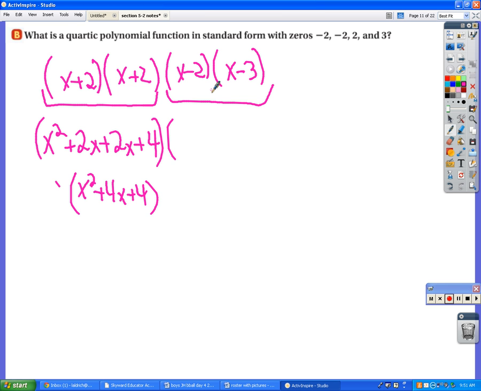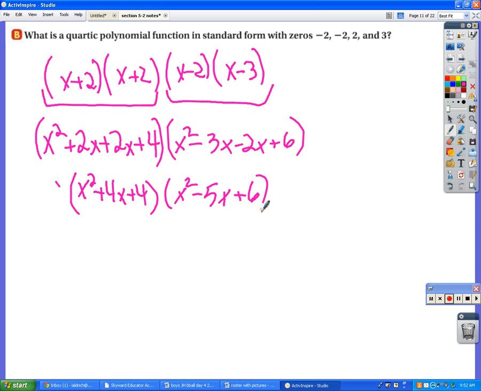So what do you get when you FOIL out x minus 2 times x minus 3? x squared, negative 3x, negative 2x, plus 6. Very good. Then combine those: x squared minus 5x plus 6.